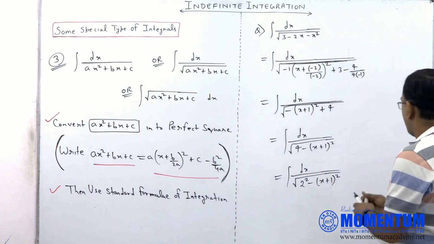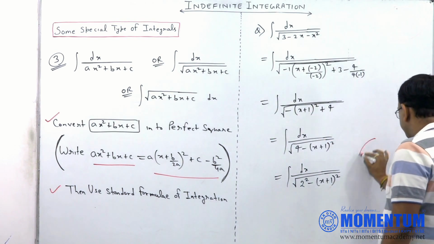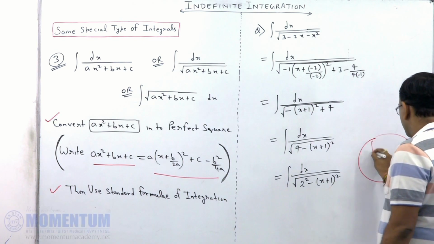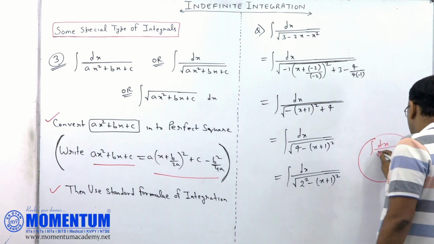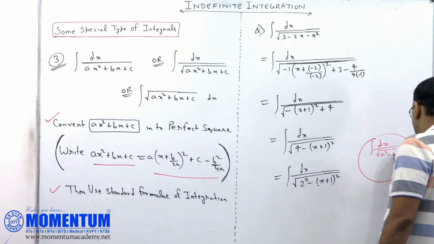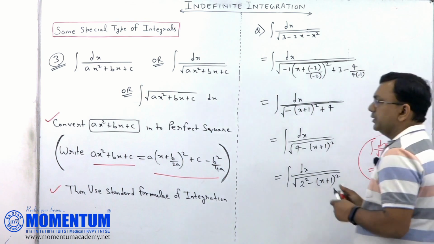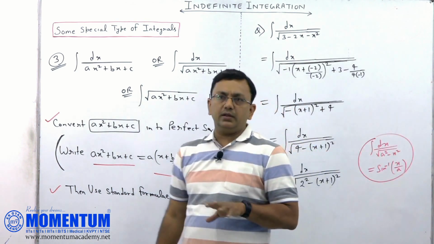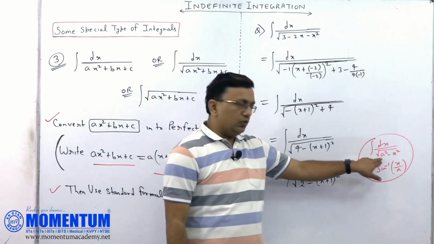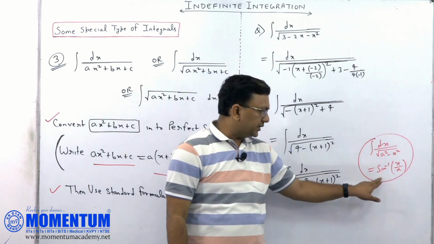Now, अब एक फॉर्मूला याद करिए, स्टैंडर्ड फॉर्मूला 1 अपॉन रूट ओवर ए स्क्वायर माइनस एक्स स्क्वायर का रिजल्ट क्या होता है? साइन इनवर्स एक्स बाई ए. We know the standard formula, 1 upon root over a square minus x square, sin inverse x by a.